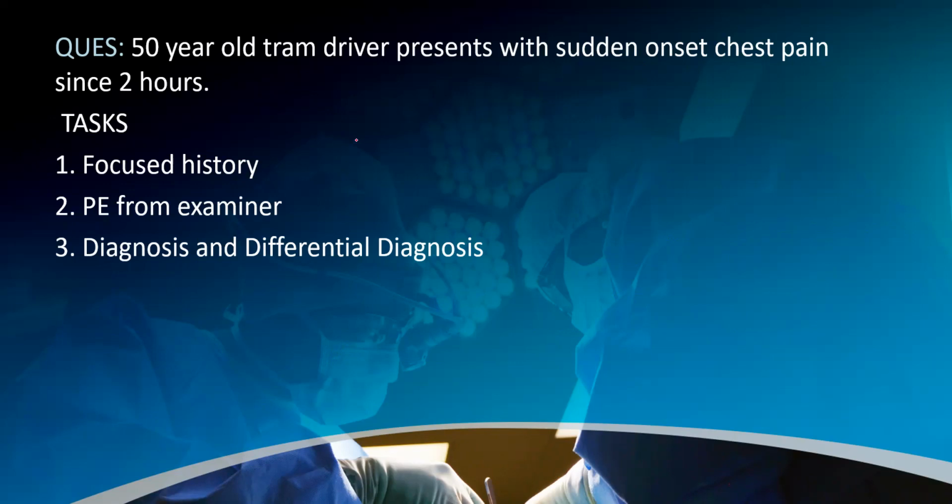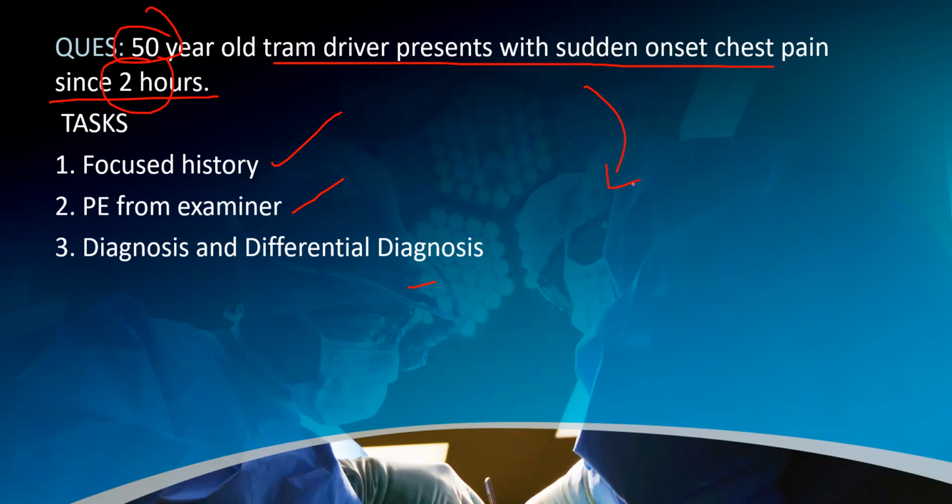Good. So a 50-year-old tram driver presents with sudden onset chest pain since 2 hours. Focused history, physical exam, diagnosis, and DD. Now, when a 50-year-old comes to you with a chest pain persisting for 2 hours, you should always think of it as myocardial infarction first, unless you can rule it out.